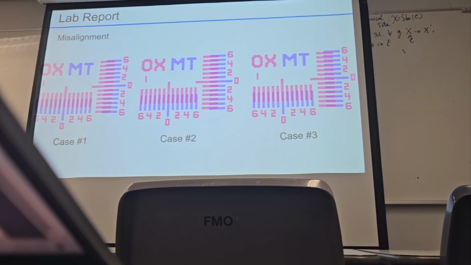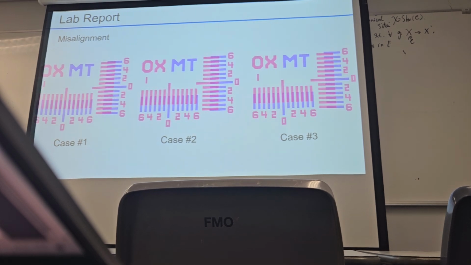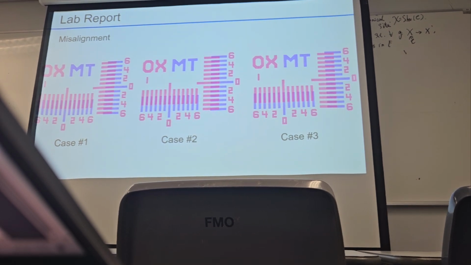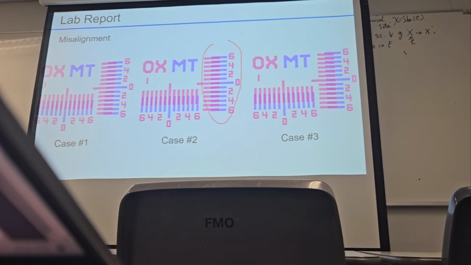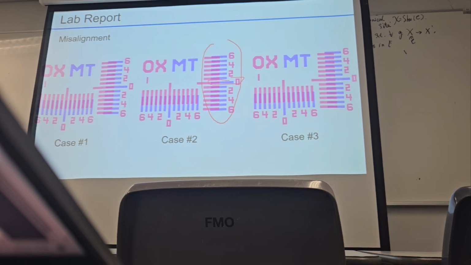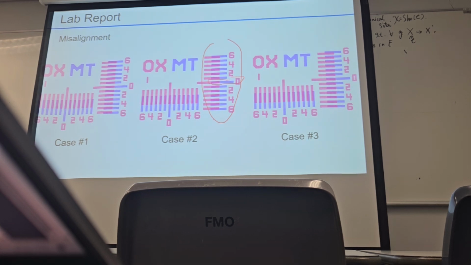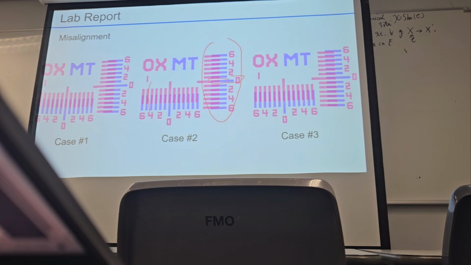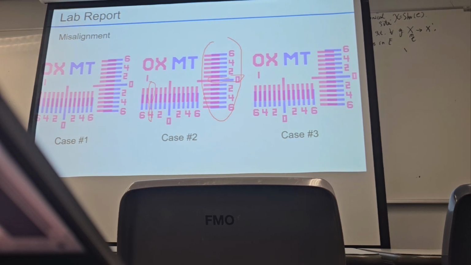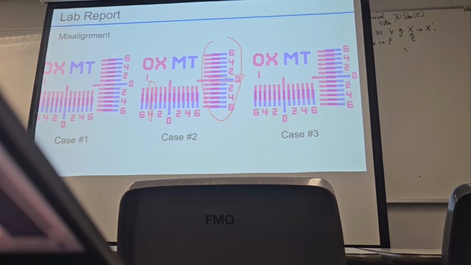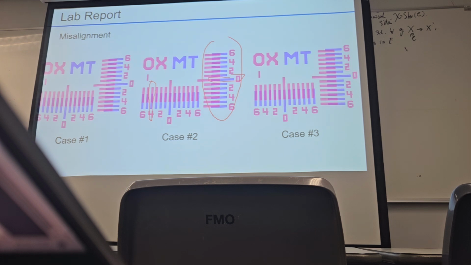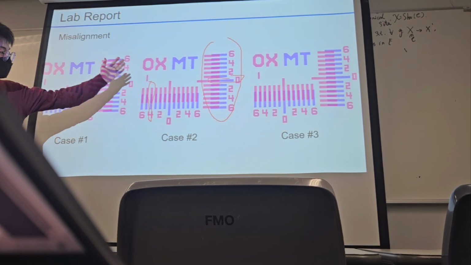Okay. For case 2, let's see which line aligned. For the vertical direction, here is a line, right? Which means along the vertical direction, the alignment is good, no misalignment. While for here, we can see a line around 4, right? A line around 4, and this is the left side.